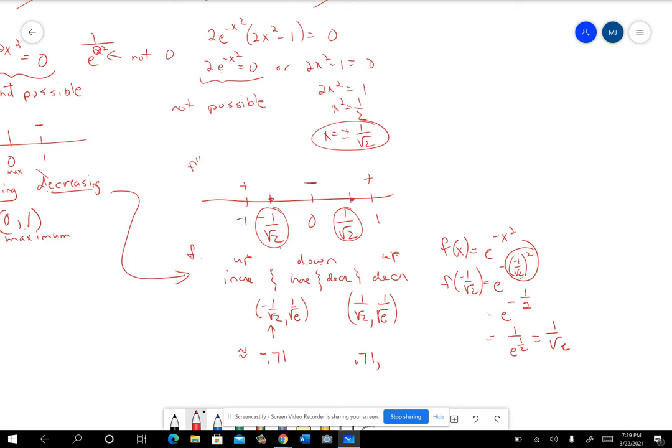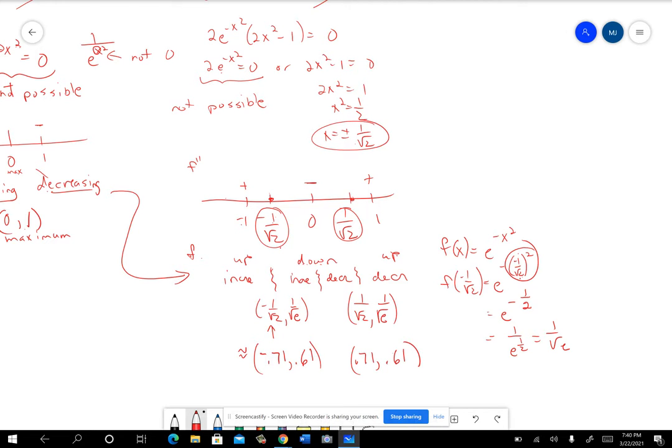Okay, this is not my usual calculator. Let me find my e. There it is. Okay. And you get about 0.61. And that would be positive on both of these.